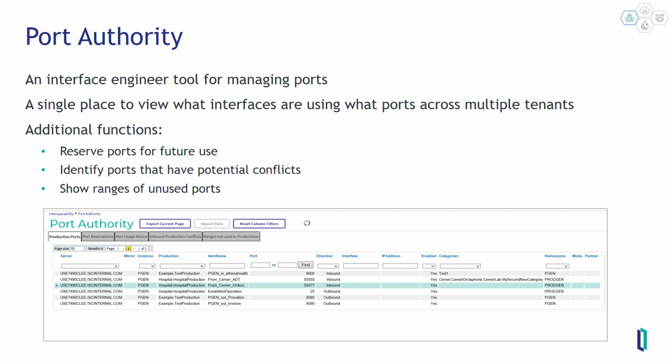There are additional functions like being able to reserve ports and identify ports that might have conflicts. This is highly useful, especially when you have a huge number of interfaces across multiple namespaces. So this is a powerful management tool for you, especially for interface engineers. Here's a screenshot of this. You'll see this in the 2020.1 release.